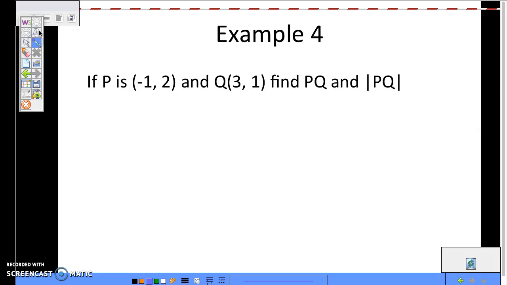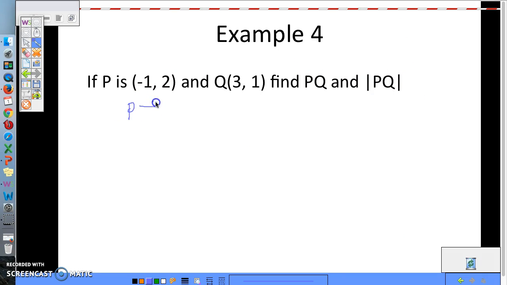So now we're asked to find these. Find P, Q, and the magnitude. So we're going from P to Q. So we have negative 1, 2, and it ends at 3, 1. Well, what's happening here? Negative 1 to 3. So our vector, it's going up 4, and then our y value, 2 to 1, down 1.